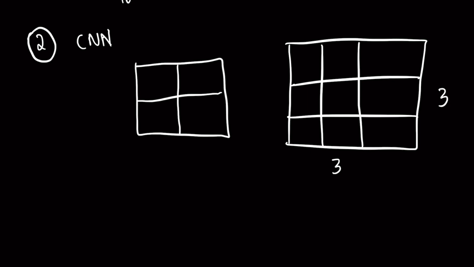I'm keeping it blank for now, and assume each box represents a pixel value. So let's think of this pixel value as 1, then this has 2, this is 1, 3, 4, 6, 3, 1, 2. These are just random numbers. Of course, an image will have its defined pixel values, but I'm keeping it random for now.